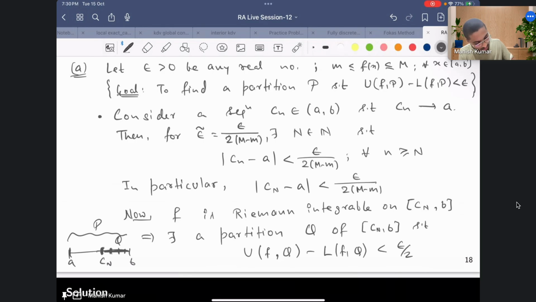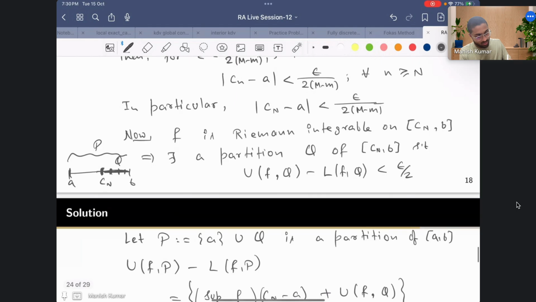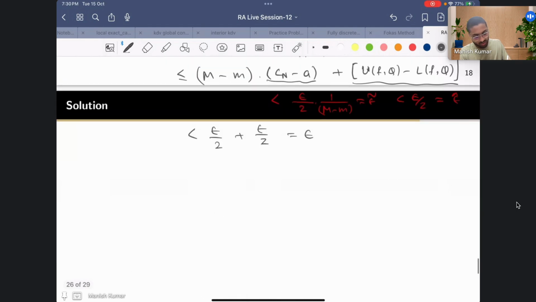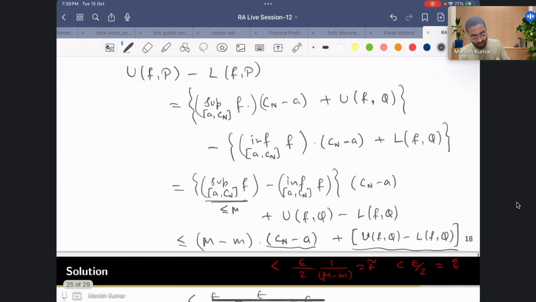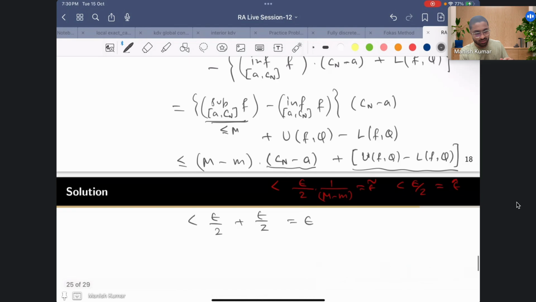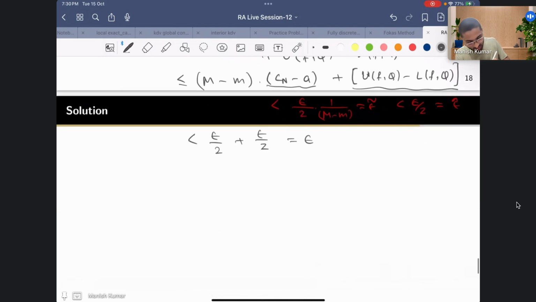Okay, so ultimately we have got a partition P such that this U of f,P minus L of f,P has turned out to be less than epsilon, and this proves that f is Riemann integrable.